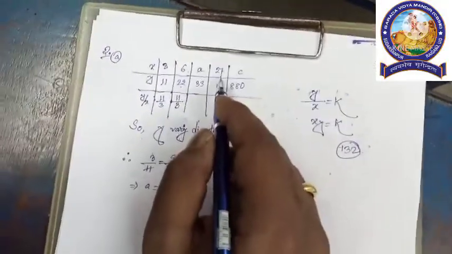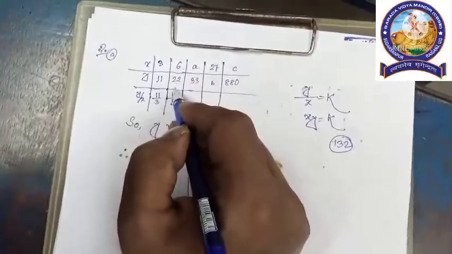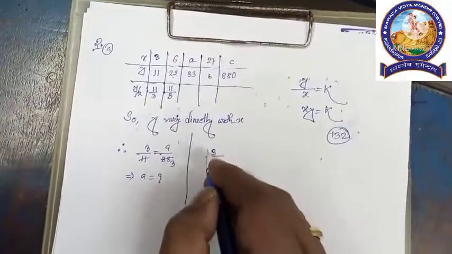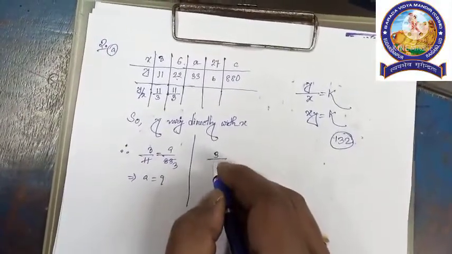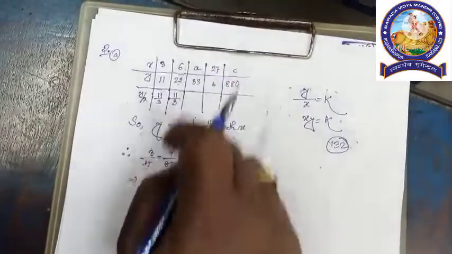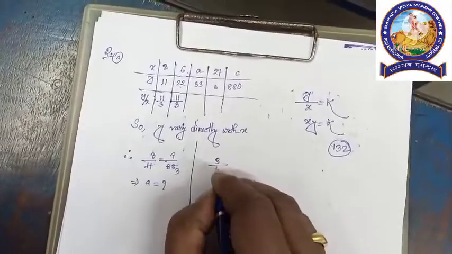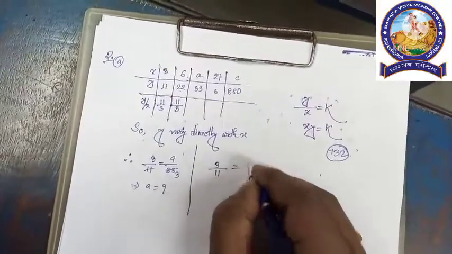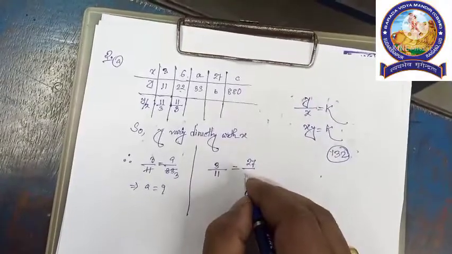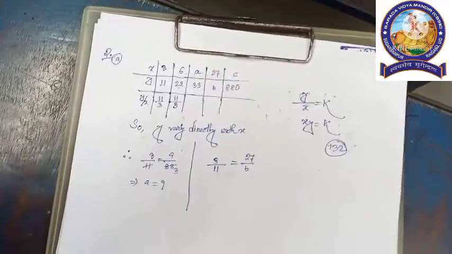Similarly, 3 by 11, or you can take this ratio also, 11 by 3. If you write 11 by 3, then it is also correct. Then this ratio you write as 33 by a. Okay, there is no problem. So 3 by 11 equals 27 by b. That means you only follow the ratio.